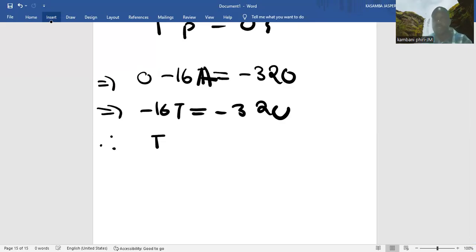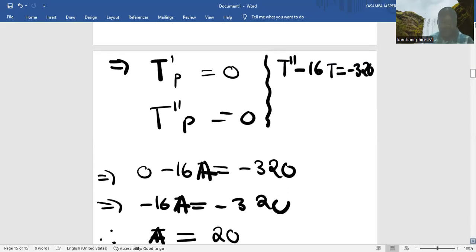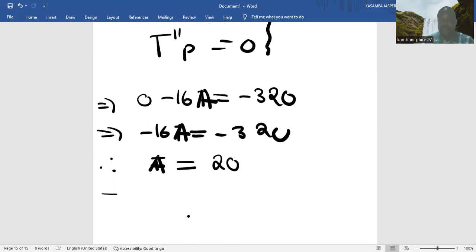So our A becomes 20. Now, our general solution, T of X, is the complementary equation plus the particular equation.